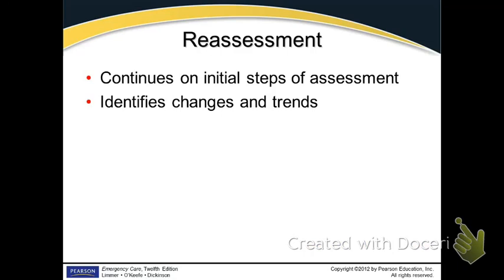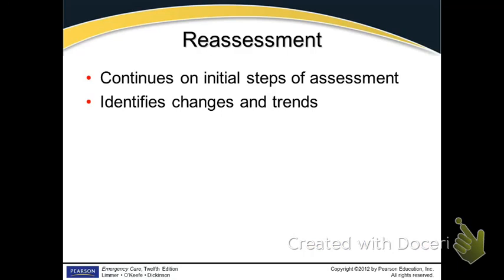Reassessment is just a continuous looking over of the initial things that you've already done. You've already done the ABCs, the focused exam, the physical exam. Reassessment is just going back over the majority of that, and here, looking for these trends and changes.